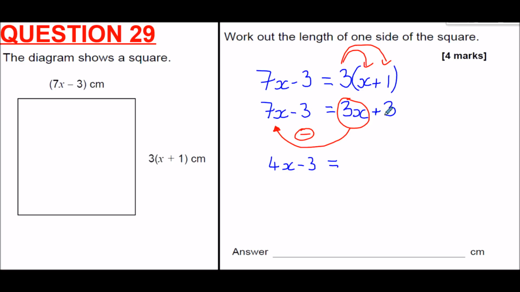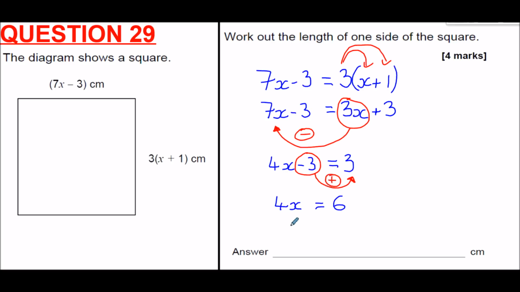On the right hand side, we're just going to be left with 3. We don't want that minus 3, so again we can swap the side of it and swap the sign. Opposite of minus is plus, and so on the other side we'll have 4x equals 3 plus 3, which is 6.